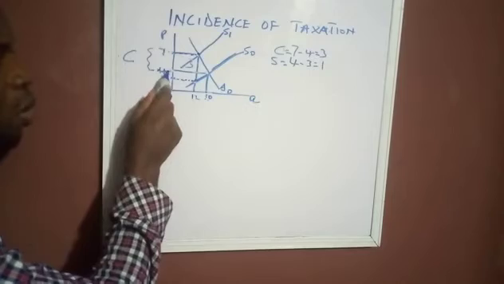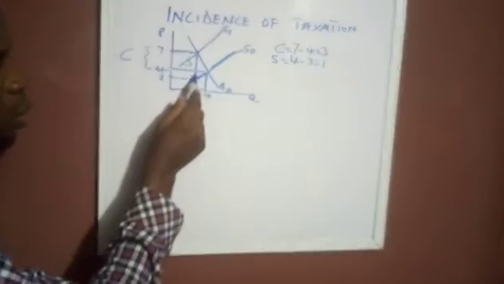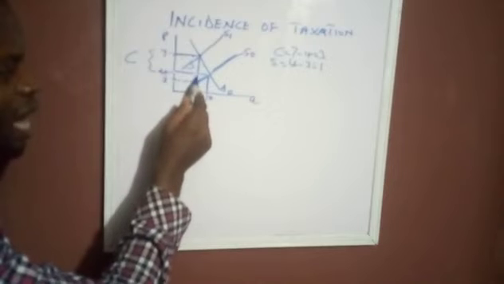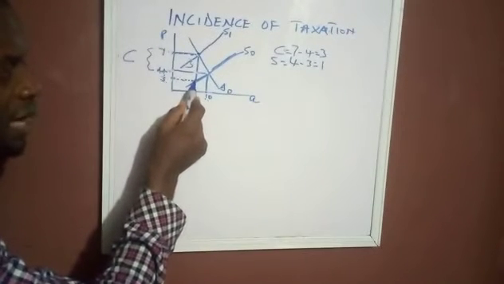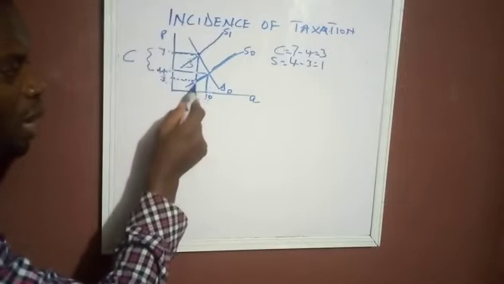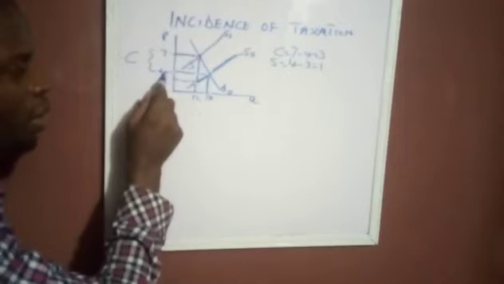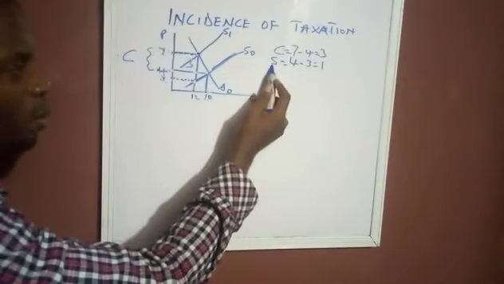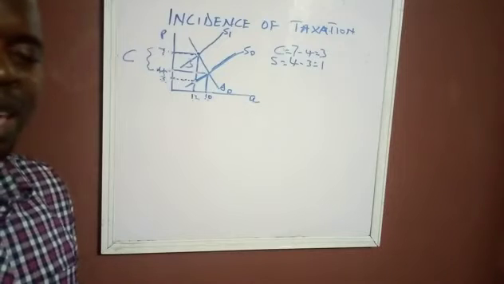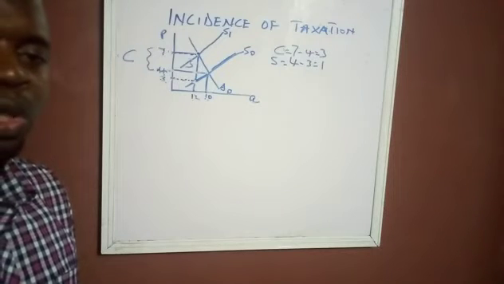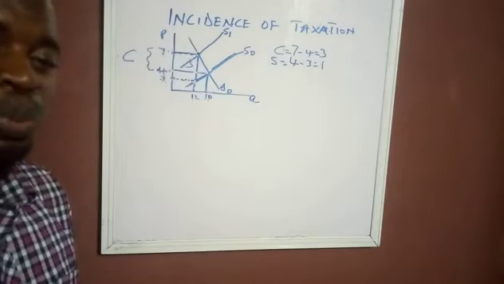He paid 4 before, now he is paying 7, so he pays an extra 3. But who covers the remaining effect from 4 to S0? Don't forget I said it's going to be from S0 to S1. So who pays this one from 3 to 4 here? It's going to be 4 minus 3, which is the supplier. Supplier is paying 1.